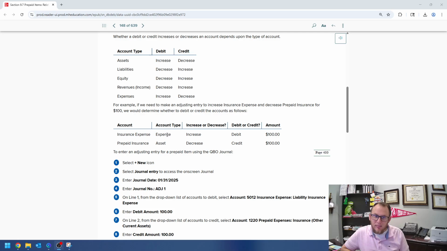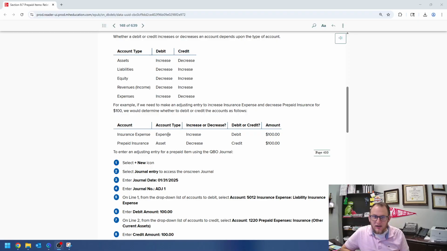The insurance expense is going to be an expense. Prepaid insurance is an asset account. So we want to increase the expense and decrease the prepaid. How do we do that?